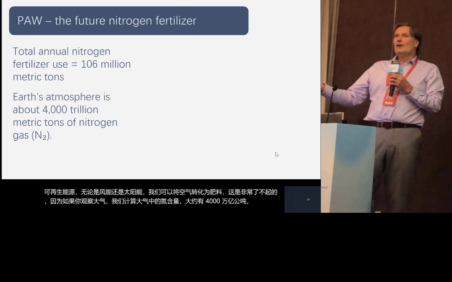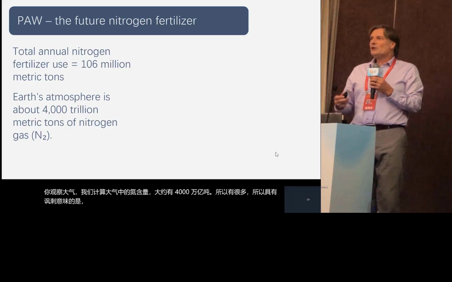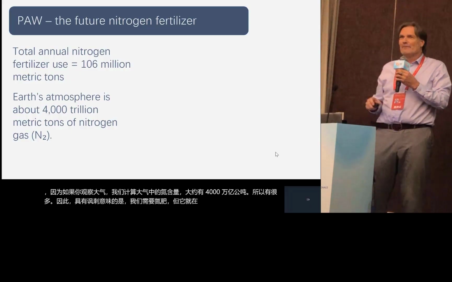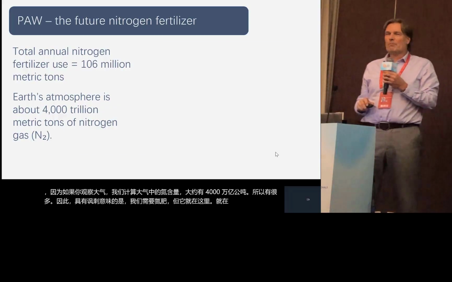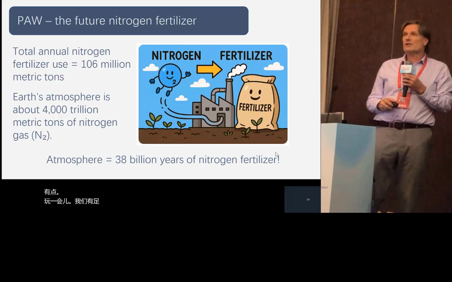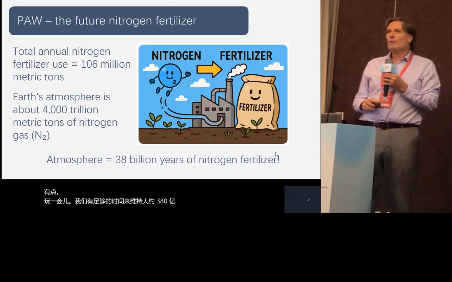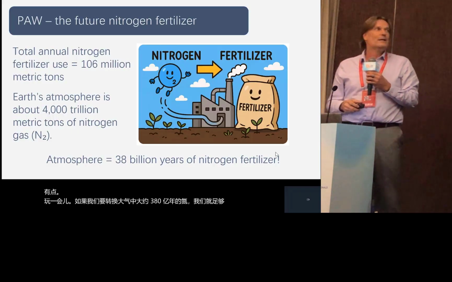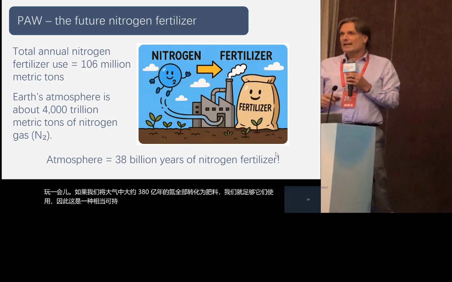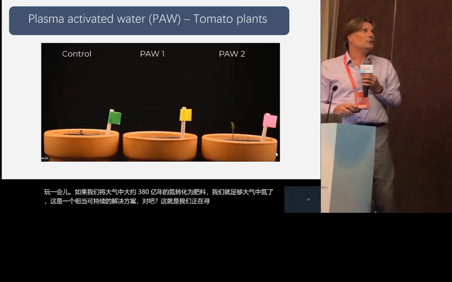So it's ironic we are in need of nitrogen fertilizer, yet it's right here. So in essence, if we sort of play with that for a little bit, we have enough for about 38 billion years of nitrogen in the atmosphere if we were to convert it all into fertilizer, so that's a rather sustainable solution, right? So that's what we're looking at here. We can actually do that.